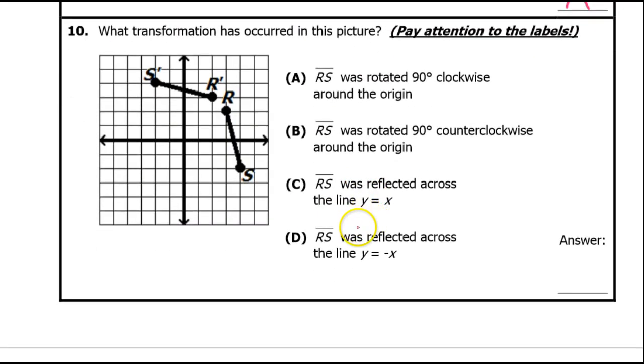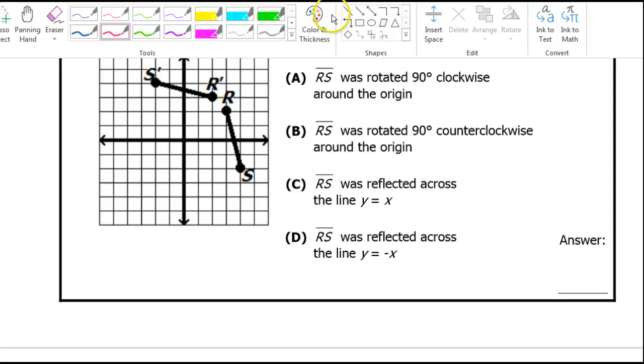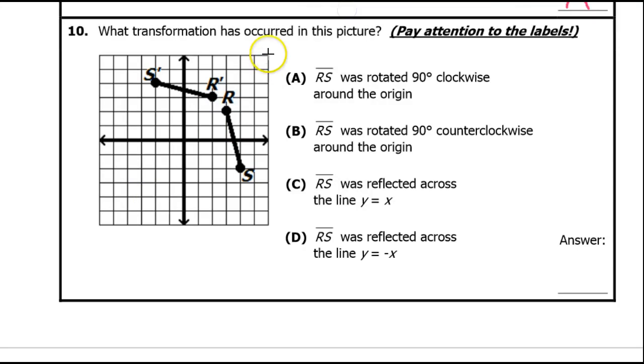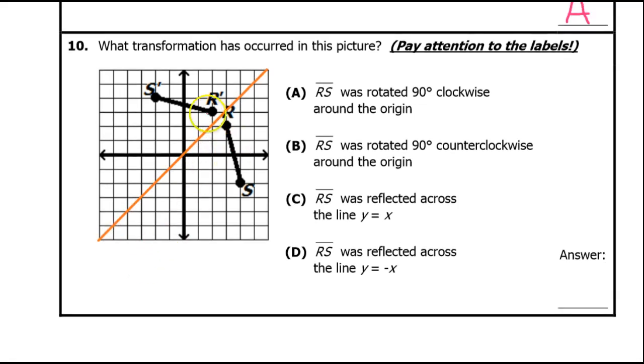All right, problem number 10. What transformation has occurred? Now, just at a glance, I can see that the mirror image here is right here. This is the mirror line. Just visually you can see that these are the same, directly across from each other over this diagonal line.